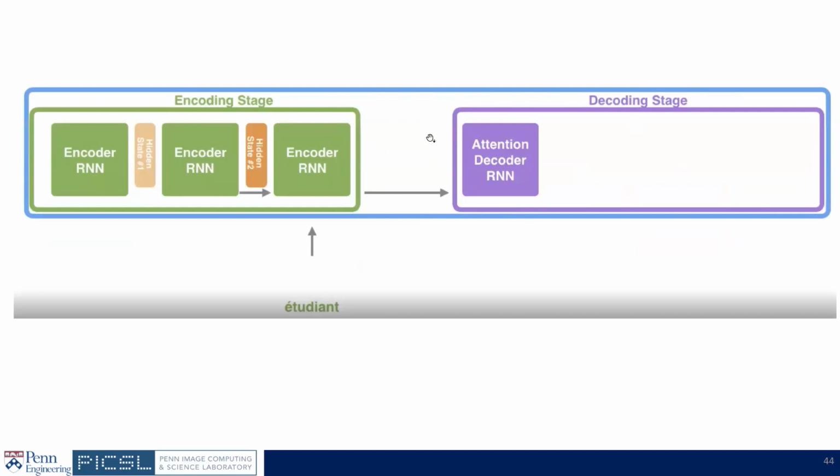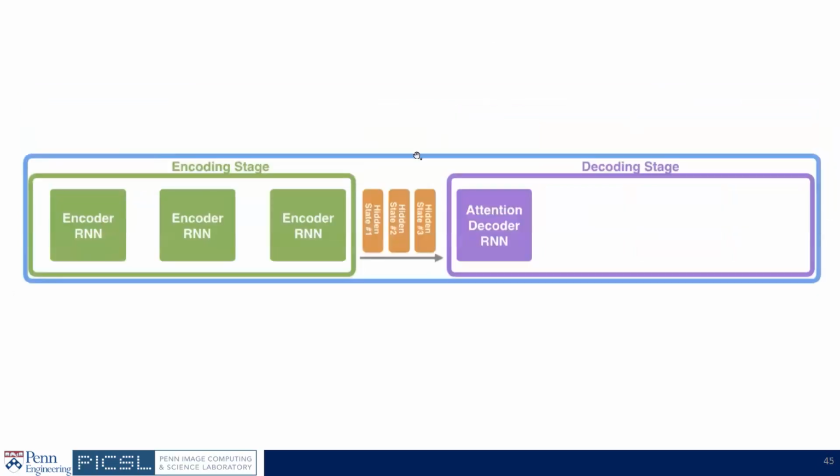And now what I'm trying to propose is that, instead of just hidden state number 3 coming out of the encoder into the decoder, I want to send all the previous hidden states as well, so that it has information not only from the immediate layer before the decoder, but from all the layers before it.